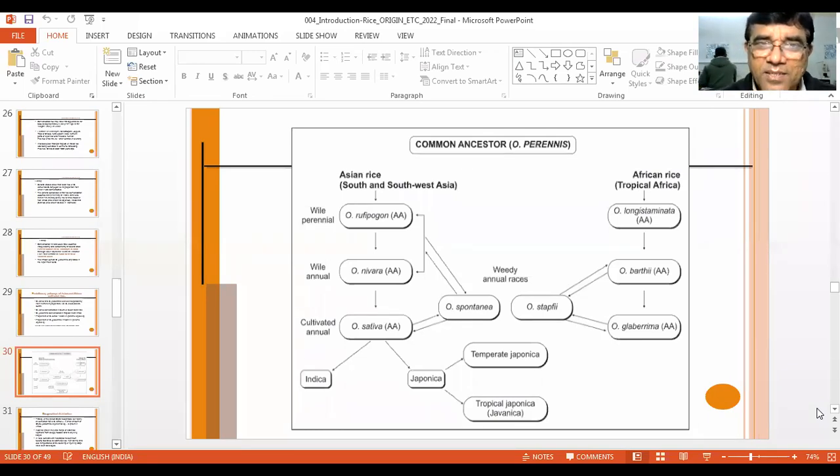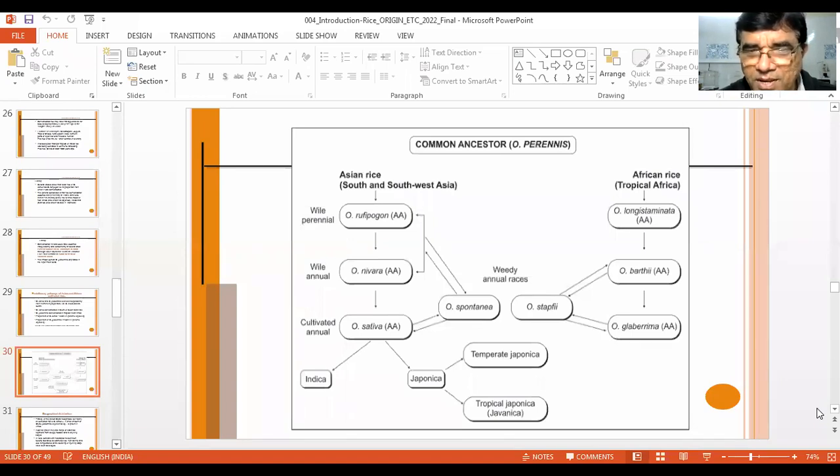On the left side, it is Asian rice. This perennis gave rise to Oryza rufipogon, and then Oryza nivara, and it made crosses with Oryza spontanea and resulted in Oryza sativa, OOAA, and then it gave two subspecies, Indica and Japonica, and Japonica was divided into two, temperate Japonica and tropical Japonica.